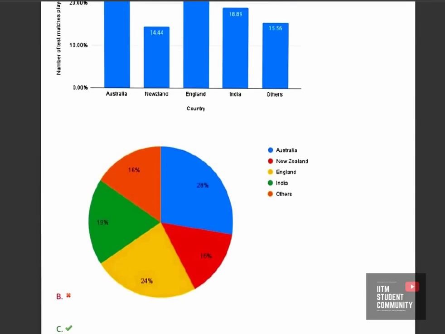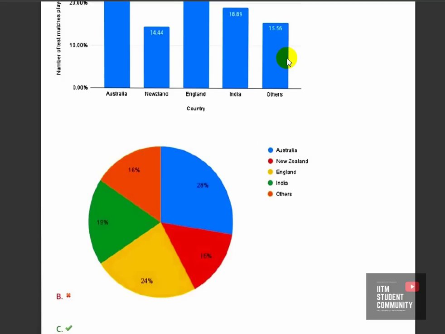We will come to option number B, but first of all, option number B is incorrect because here the pie chart has been rounded with errors. Now even if we see for others is the red one. Here others is 15.56%. They have mentioned it to be only 15.